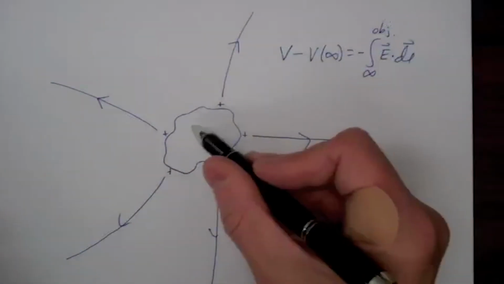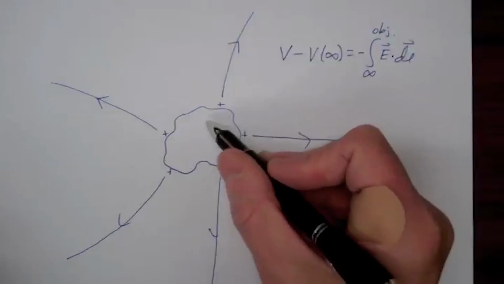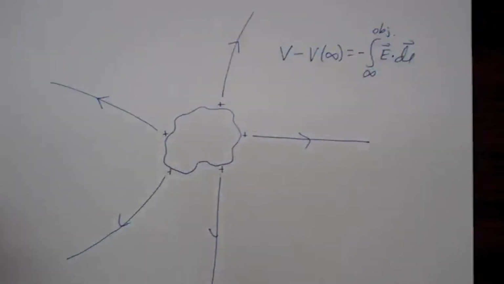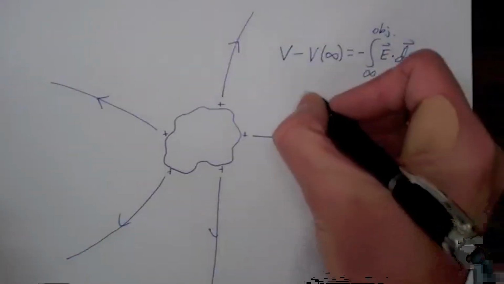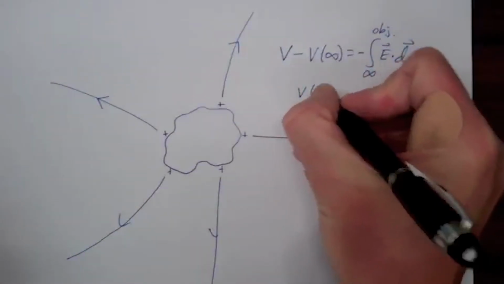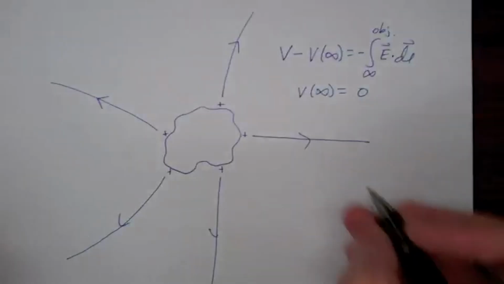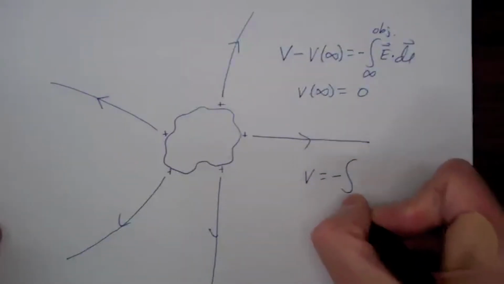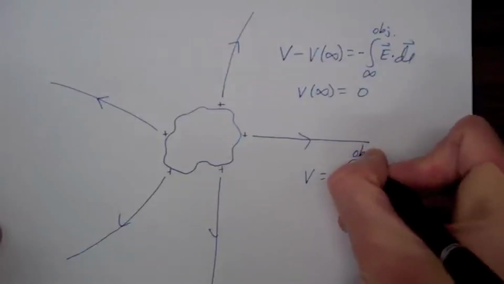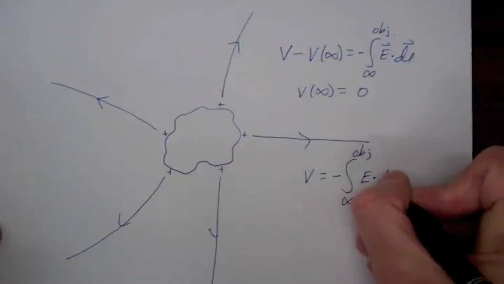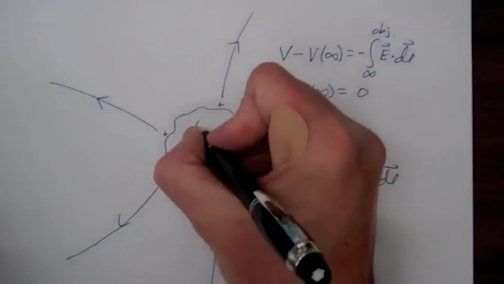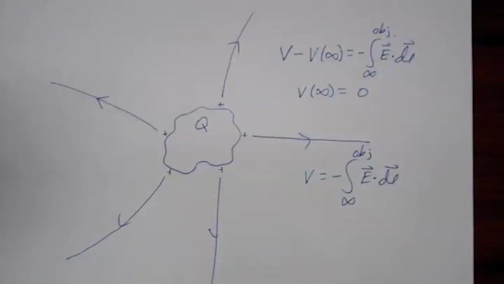Since there are no electric fields inside the object, the potential is the same everywhere on the object. It's an equipotential object. Now, for reference, let's let the voltage at infinity be 0. So the potential of our object is minus the integral from infinity to the object of E dot dl. Okay, and let's assume the amount of charge we currently have on that object is plus Q.